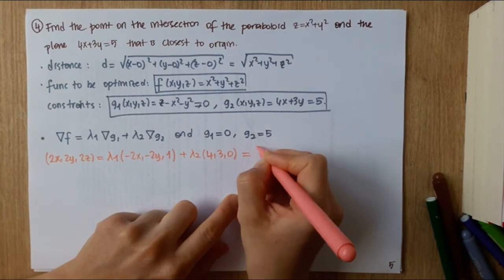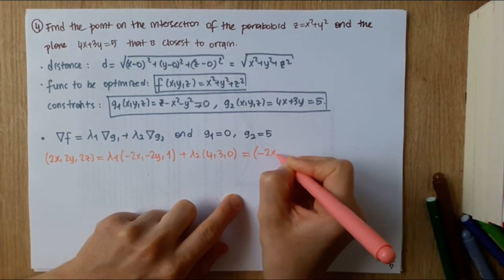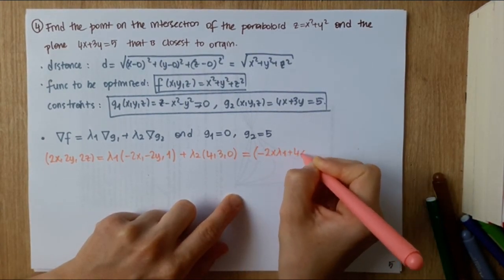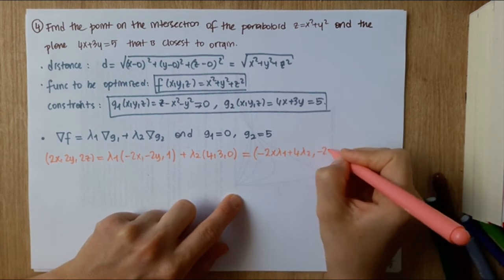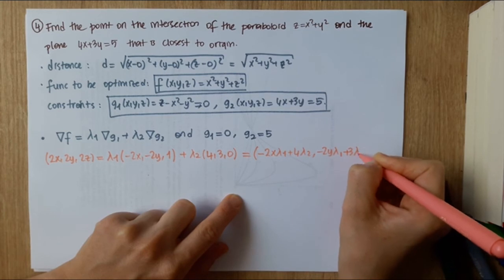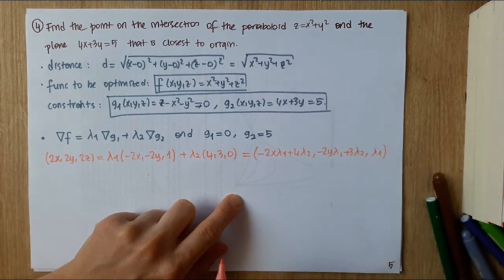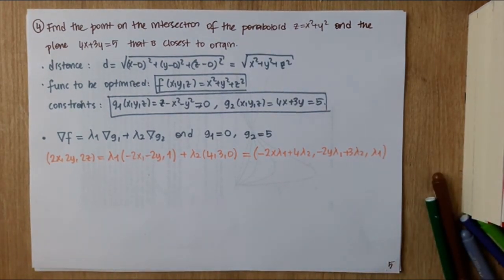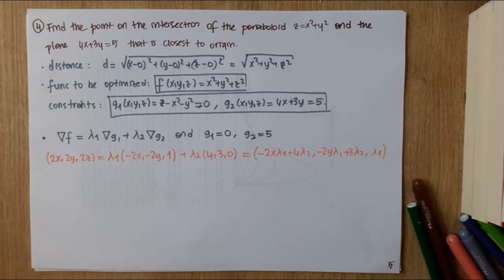So on this side we have minus 2x lambda 1 plus 4 lambda 2, minus 2y lambda 1 plus 3 lambda 2, and lambda 1. So the equations are here.